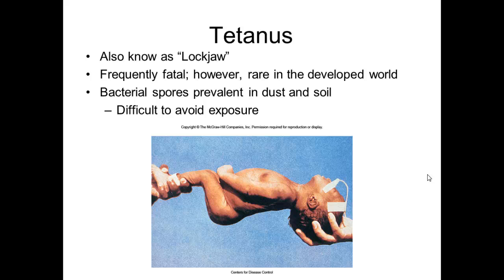This infant probably got the infection because the umbilical cord was probably not cut cleanly, and it got infected. It's very rare for us in the United States, but quite a serious problem in developing countries. Unfortunately, you'll see things like this.